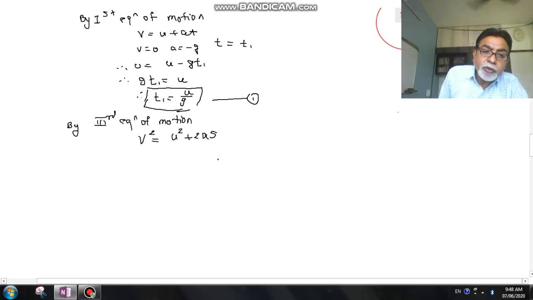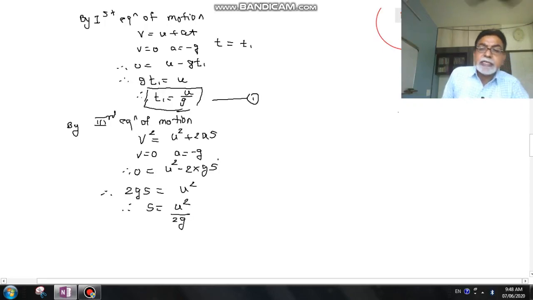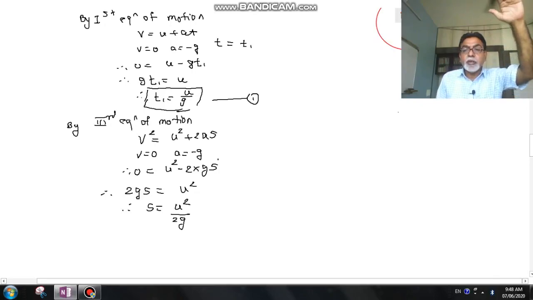So again we put v equal to 0, a equal to minus g, and we get 0 is equal to u square minus 2 into gs. Therefore twice gs is equal to u square, and s is equal to u square upon 2g. This is the maximum height attained by the stone.